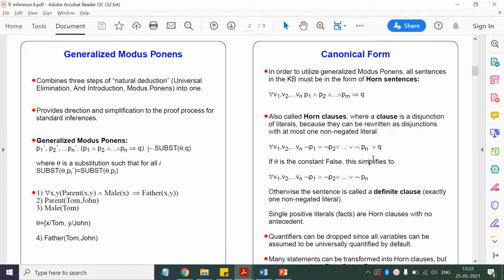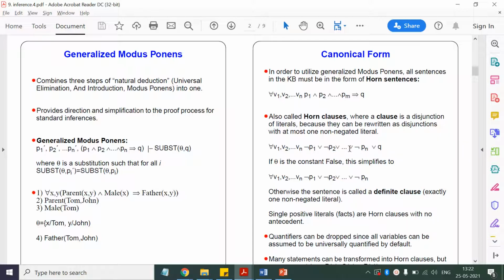If we have a disjunction of literals, disjunction means or, in between you can see or, and if all the literals are negated except exactly one, then we can say that the clause is a definite clause.